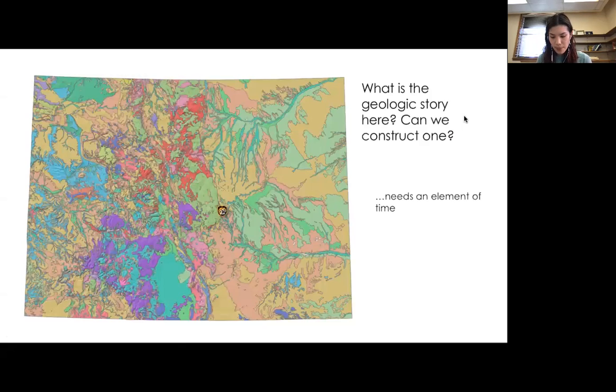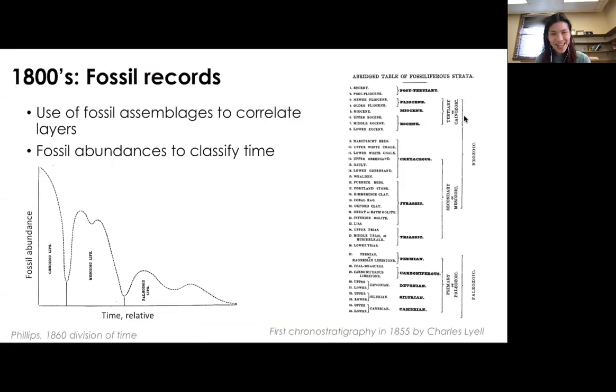So this indicates that rather than just using the type of rock, we also need an element of time, which makes sense for our time scale. And the earliest sense of time were fossil assemblages. So in the 1800s, we started to group rock types into different ages based on the fossils that we would find within those rocks.